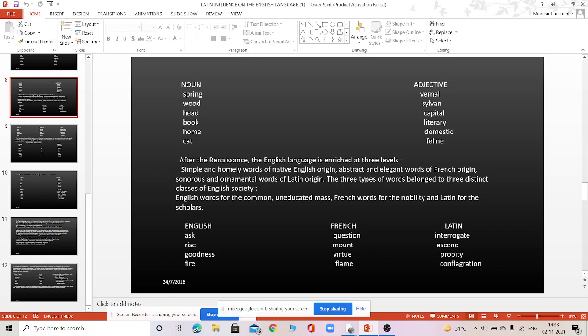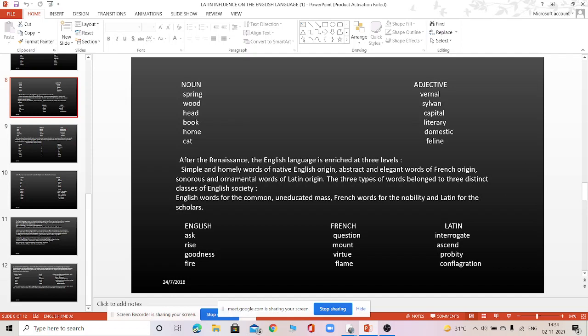So, the three types of words belong to three distinct classes of English society. We will see how these three types of words, simple English words, words of French origin which were quite elegant, and words of Latin origin which were ornamental in nature, were used by three different classes of English society.